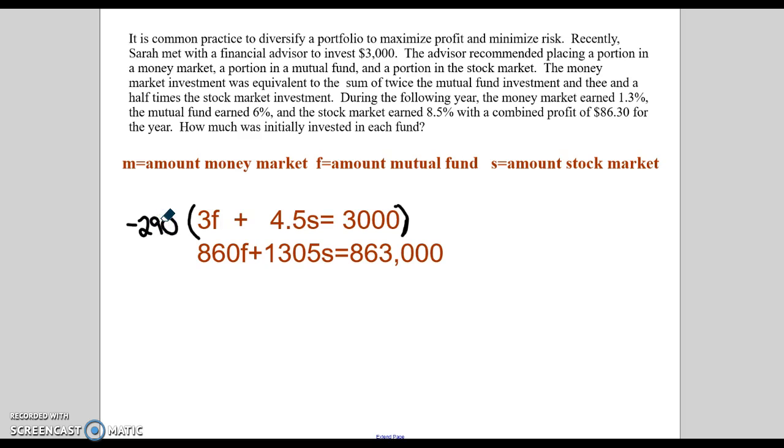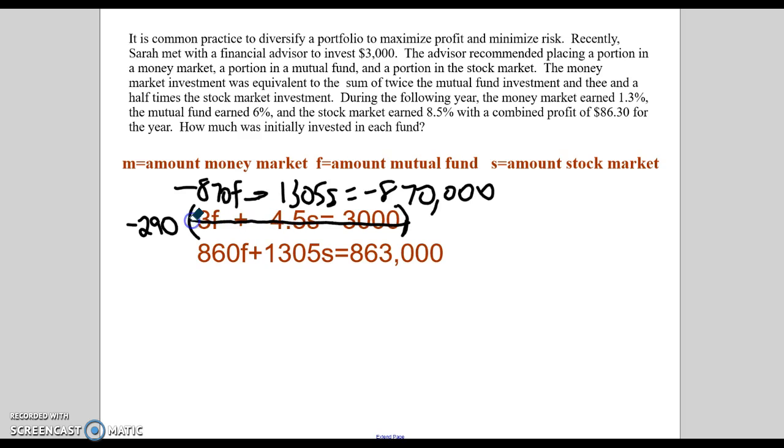Sounds like a funny number, but I know that this gives me minus 1305S, this gives me negative 870F, and this gives me negative 870,000. And I'm going to combine these 2 lines based on that information.